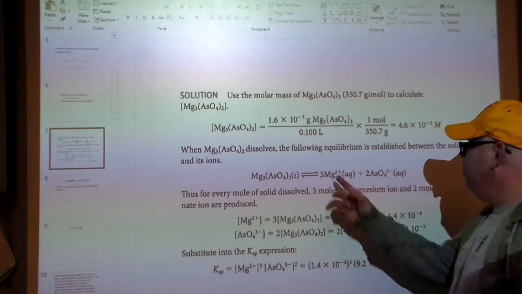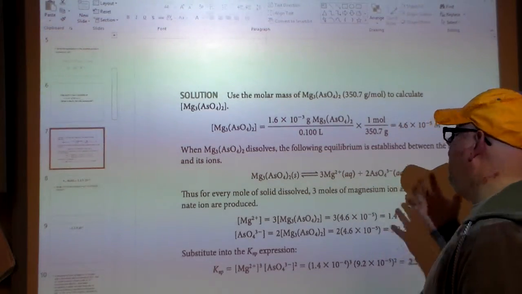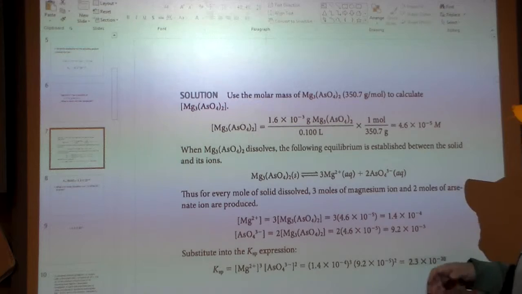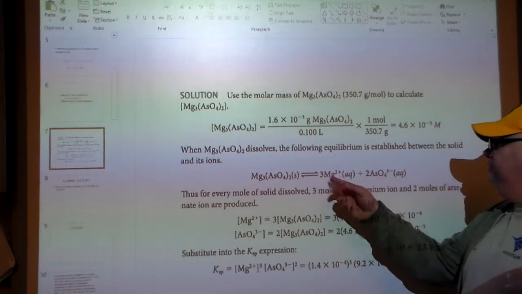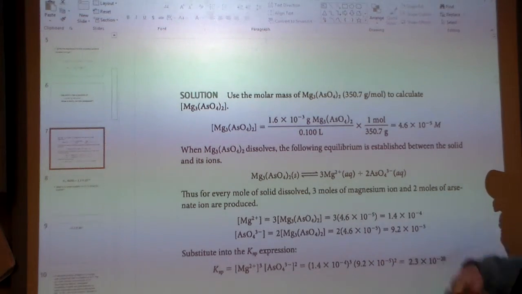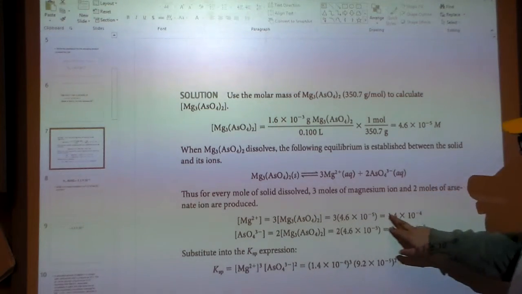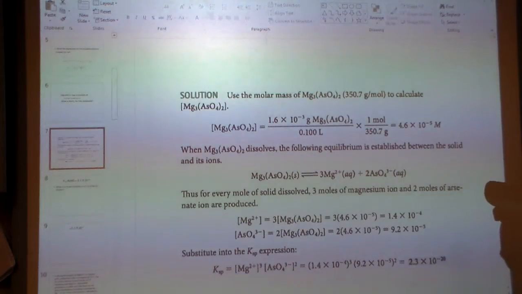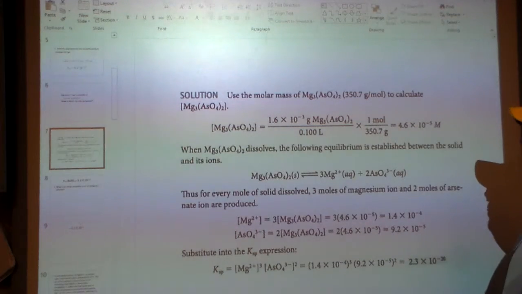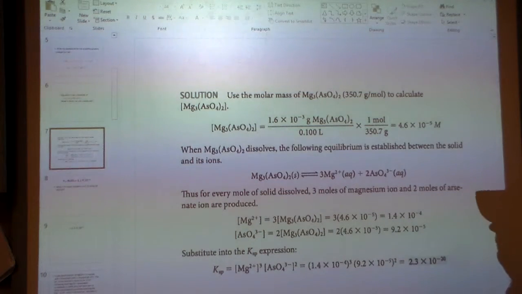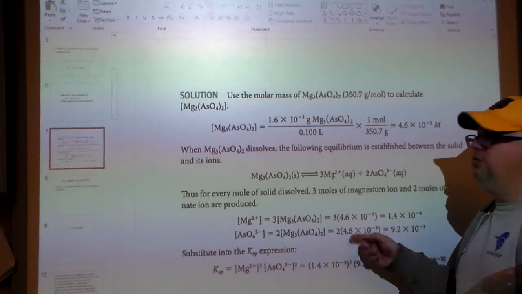So then after that, once you figured that out, then you can figure, for every mole of solid that's been dissolved, you get 3 moles of magnesium and 2 moles of arsenate. So we can go ahead and multiply those out here, and we can get ourselves the concentrations that we have. You have to multiply because of the ratios.